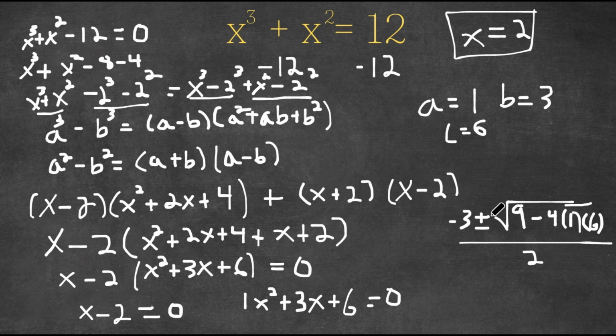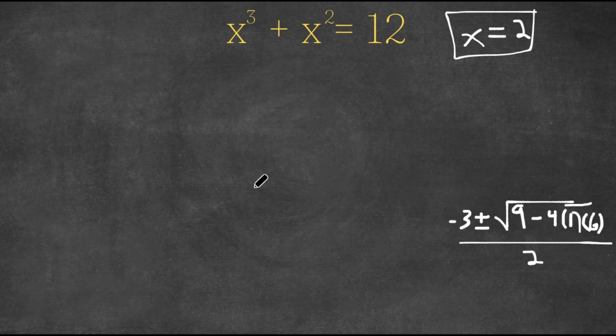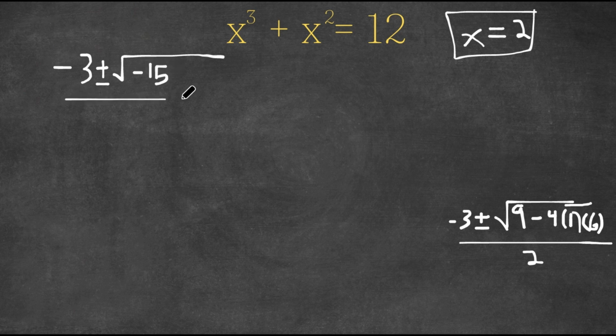So this would convert to negative 3 plus or minus the square root of 9 minus 4 times 1 is 4, and 4 times 6 is 24. So we have 9 minus 24, which is equal to negative 15. And we still have this over 2.